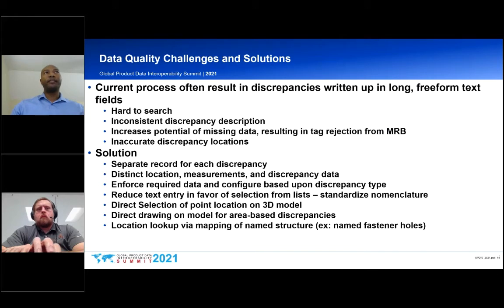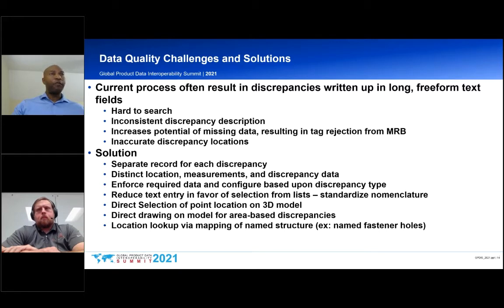So the current process for writing MRBs generally results in long free-form text fields that are hard to search, and they often summarize information where there may be a discrepancy that impacts 5 or 6 different fastener holes, and it'll be written up all within a single record, where it will say, okay, there are 5 fasteners that are sunk too deep, and they range from 5 thou to 25 thou out of tolerance.